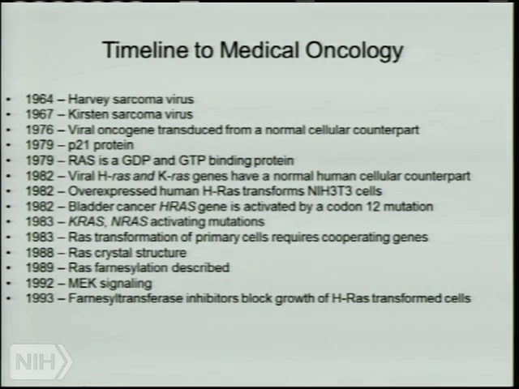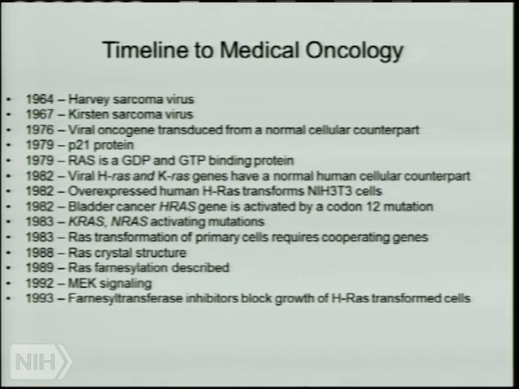Very early on, we knew the viruses, we knew they were transforming, and then Dr. Varmus actually discovered that there would be a normal cellular counterpart to the viral oncogenes, that they were small proteins, that they were GDP and GTP binding proteins, and that their overexpression would transform NIH3T3 cells, and then the mutations were discovered, and that just opened an enormous round of investigation.